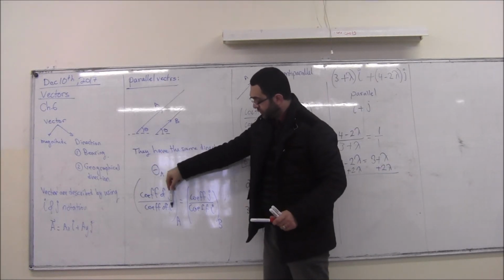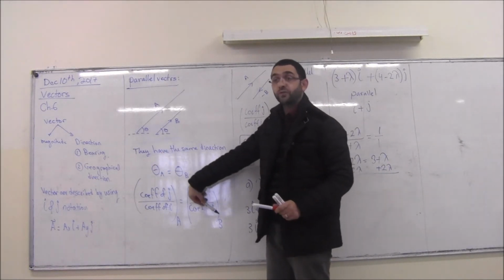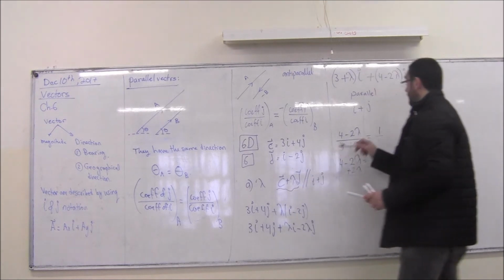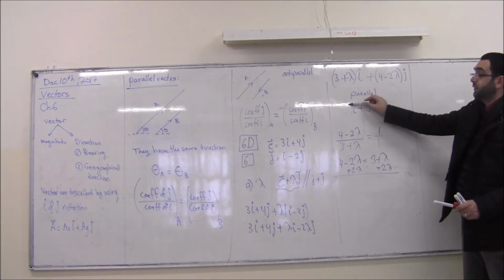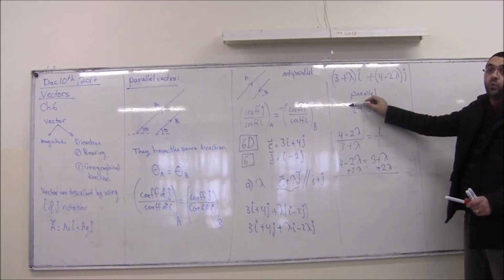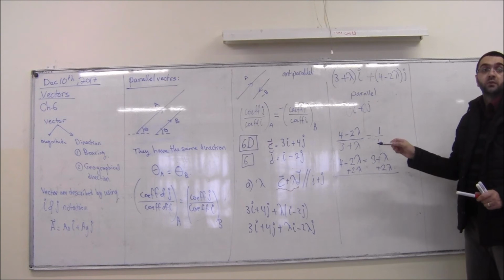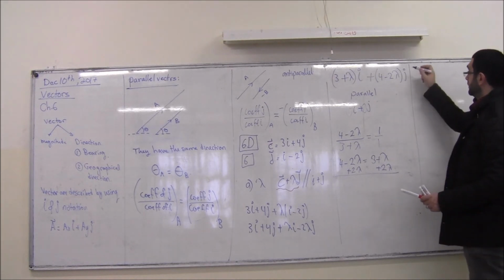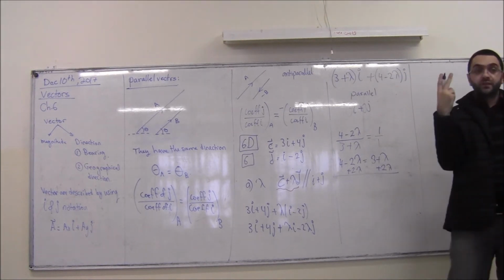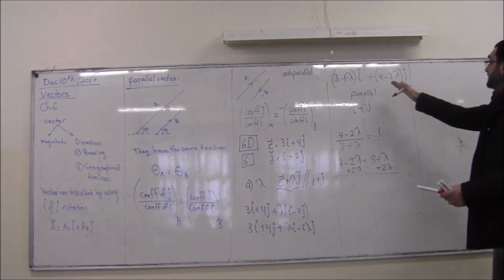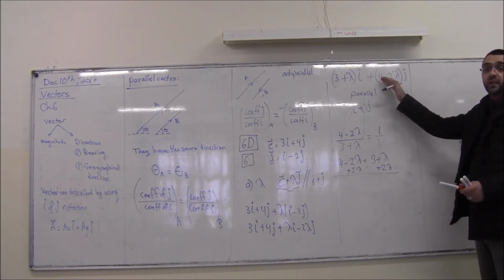The coefficient of j over the coefficient of i for one vector equals the coefficient of j over the coefficient of i for the other. What is the coefficient of i here? 1. And here? 1. Assume this is A and this is B, or the other way around.